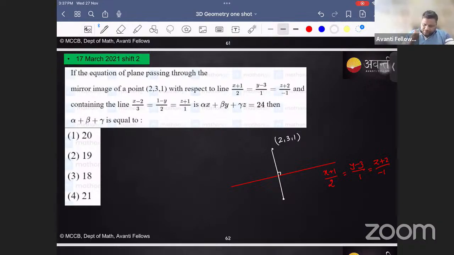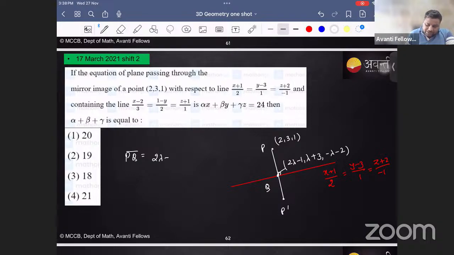So now, first of all, let us assume this is P, the image is P dash. Let us assume this point Q as 2 lambda minus 1, lambda plus 3, minus lambda minus 2. Got it? Now, write the PQ vector.